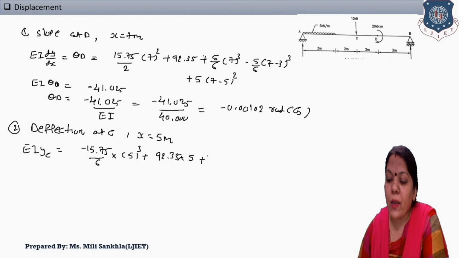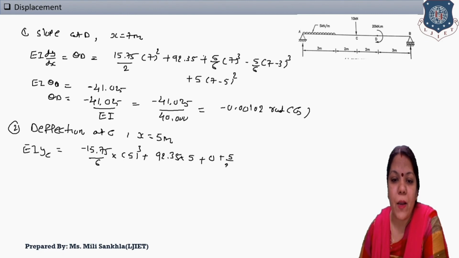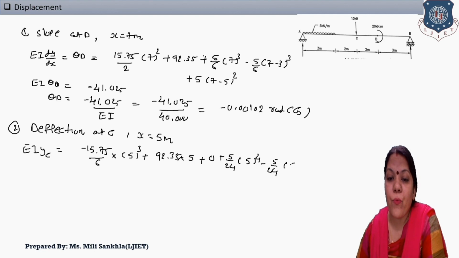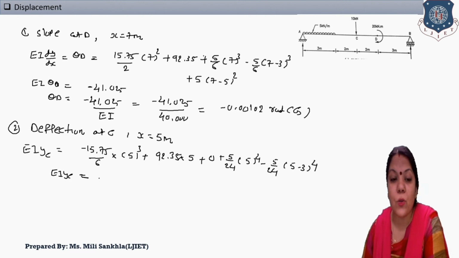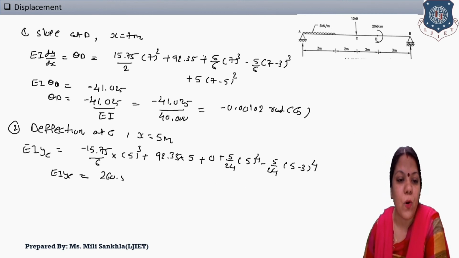Second term is 0 because 5 minus 5 is 0, plus 5 by 24 into 5 raised to 4, minus 5 by 24 into 5 minus 3 raised to 4. After simplifying, EIyC is equal to 260.50 divided by EI.